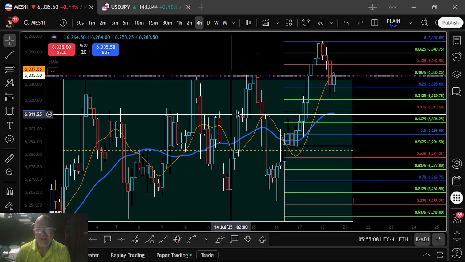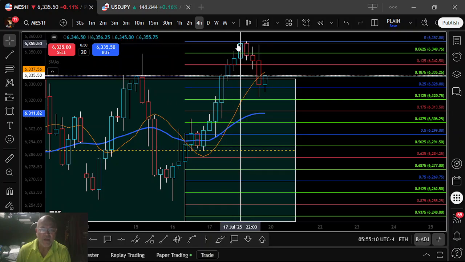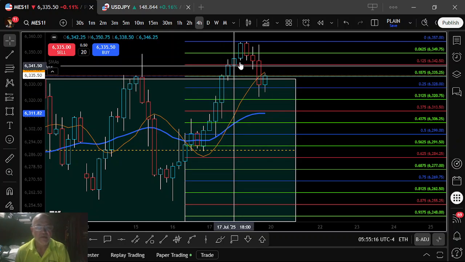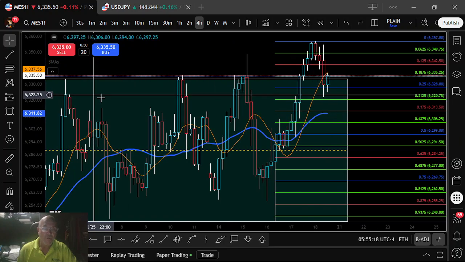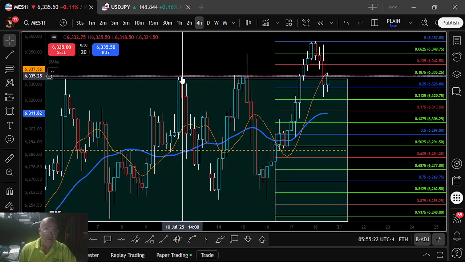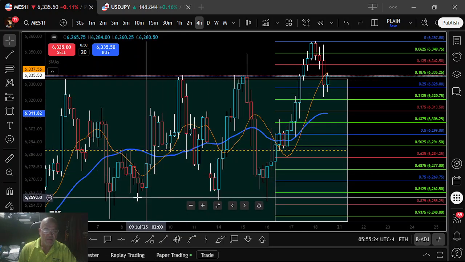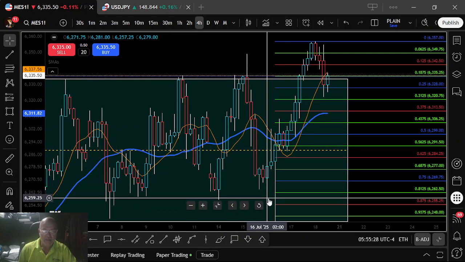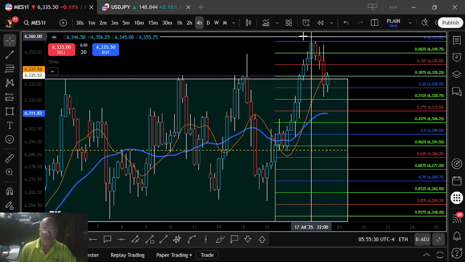So, what's happened on the 4 hour chart? We broke the highs, okay, and then we've come down into internal liquidity. And that's all we've been doing is breaking external liquidity to come down and take internal liquidity to go then to external liquidity. Okay.